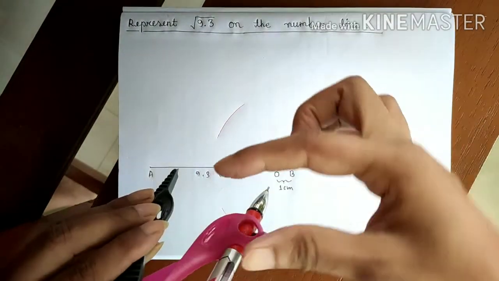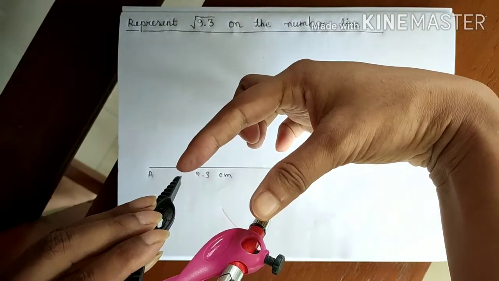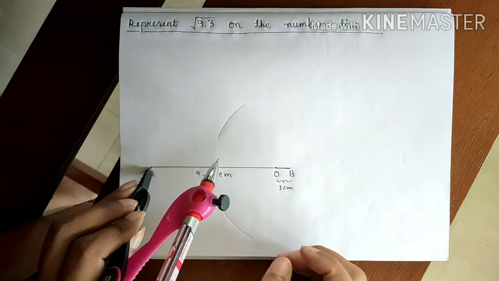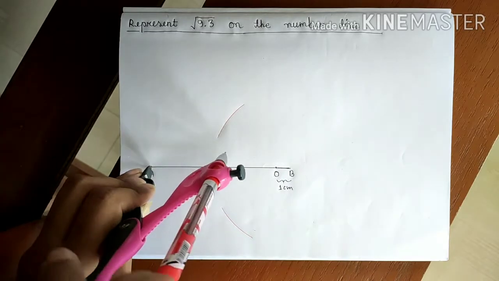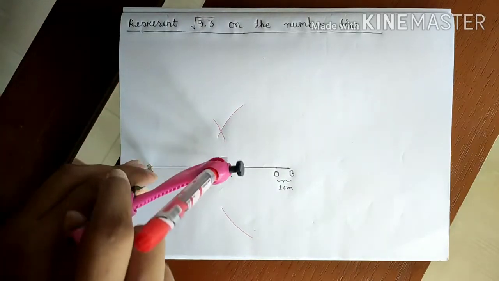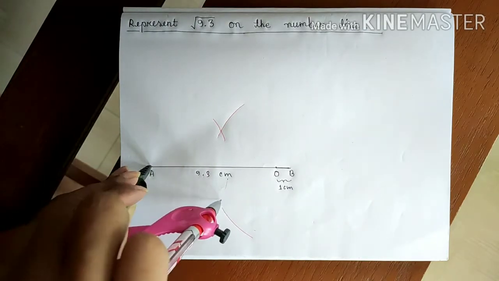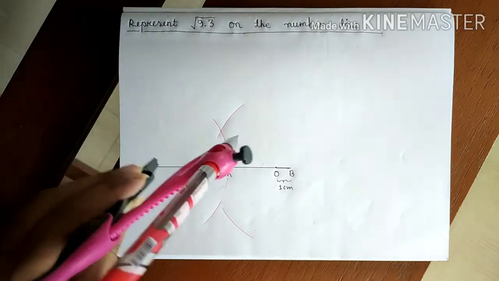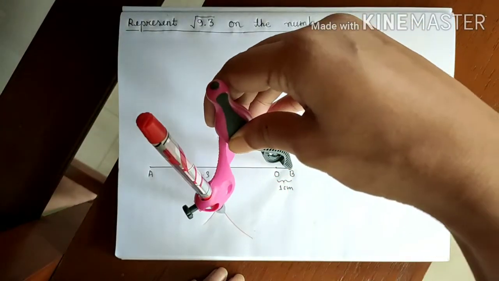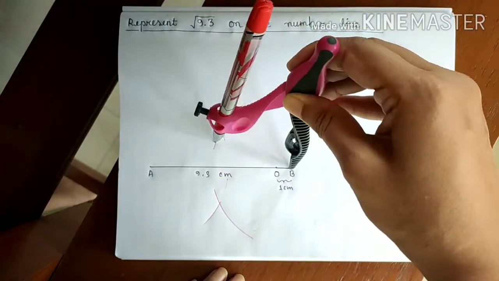Next step, with the same radius, without disturbing your compass, place it at the point A, and draw another two arcs like this. They are not intersecting, so we have to extend them more.